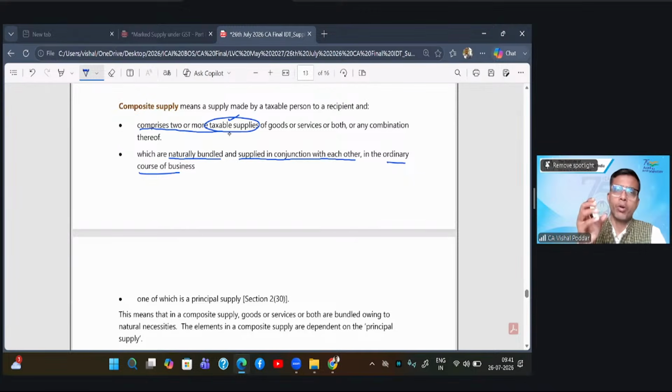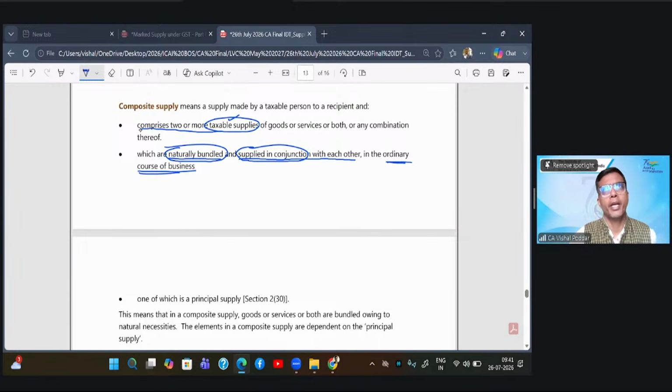Secondly, this combination, what I have made, is naturally bundled. And these items are to be supplied with one another, that is required because they have complementary characteristics. And this combination is done in the ordinary course, which means it is a normal feature of my industry to make such combinations.